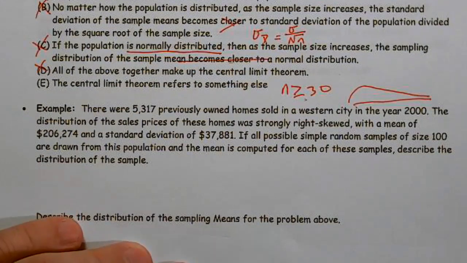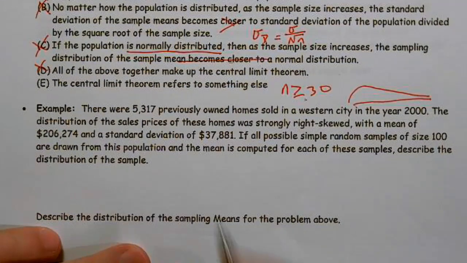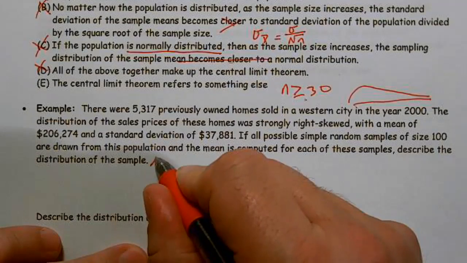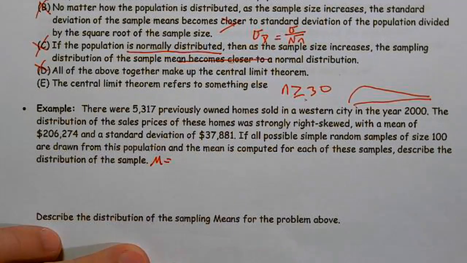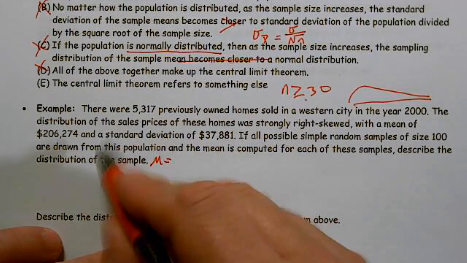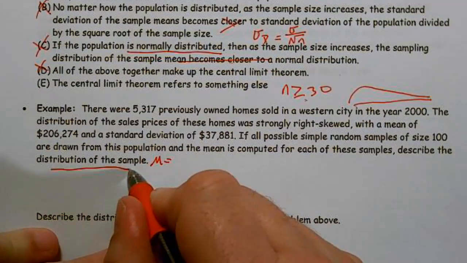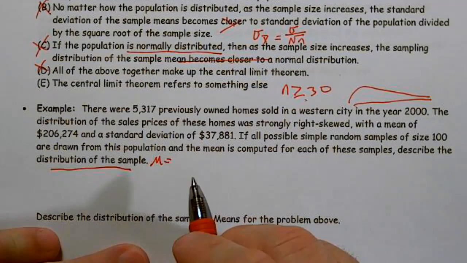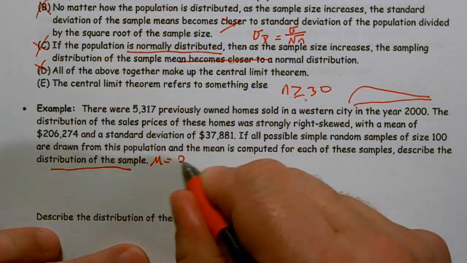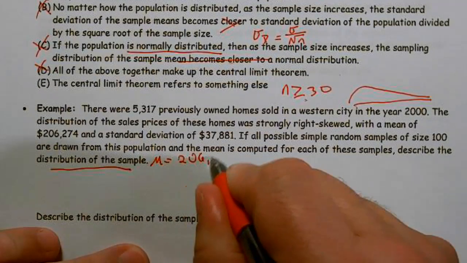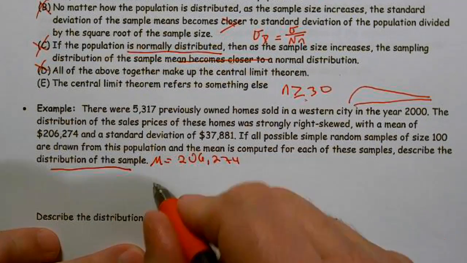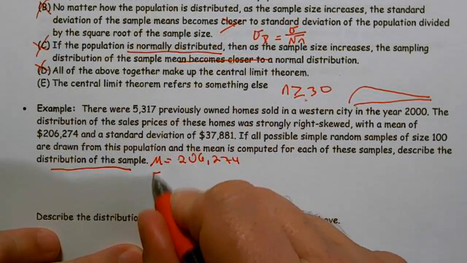If all possible samples of size 100 are drawn and the mean is computed for each of these samples, describe the sampling distribution. Well, the nice thing is the mean: describe the distribution of the sample. This is key. The mean is always going to be whatever the mean is. So the mean is 206,274.